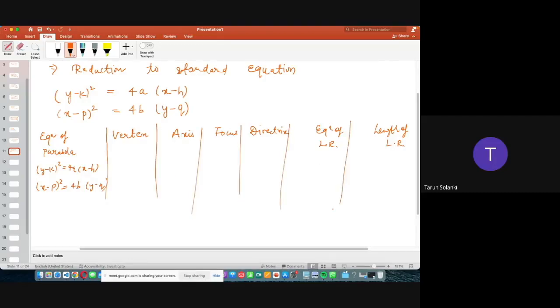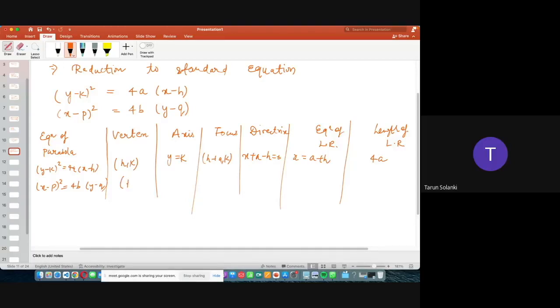For this one, the vertex will be (h, k), the axis is y equals k, the focus is (h plus a, k), the directrix will be x plus a minus h equals 0, the equation of latus rectum is x equals a plus h, and the length becomes 4a.